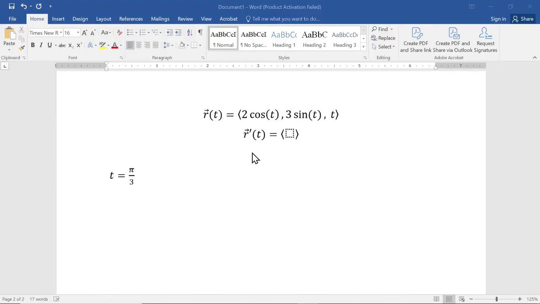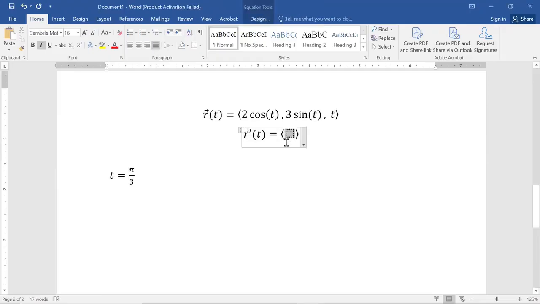All right, so vector valued function of 2 cosine t, comma 3 sine t, comma t. Let's first take the derivative. If I take the derivative of sine, I get a cosine. If I take the derivative of cosine, I get negative sine. So I get negative 2 sine of t as my first component.